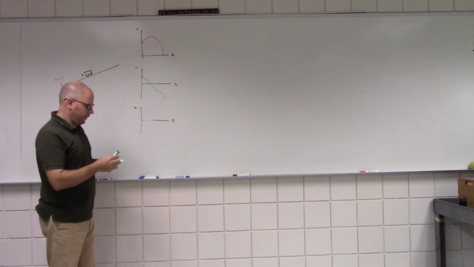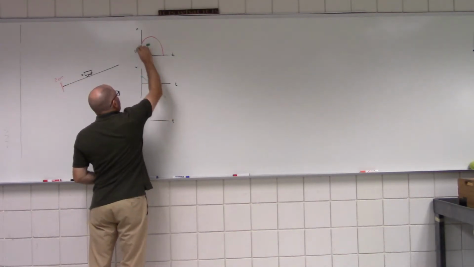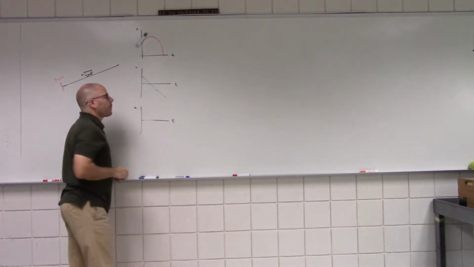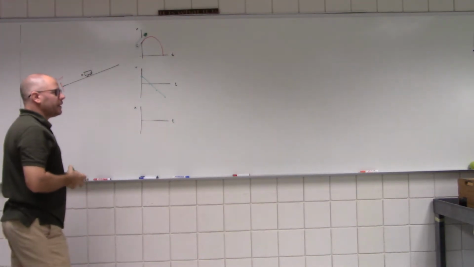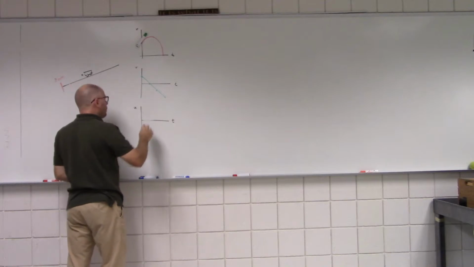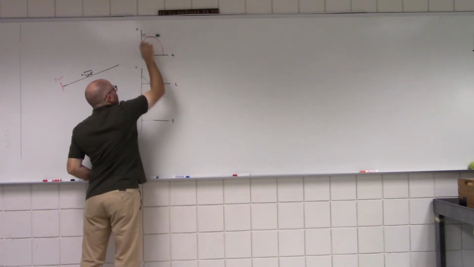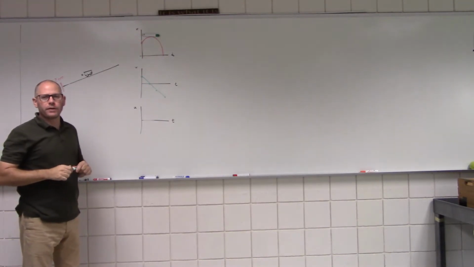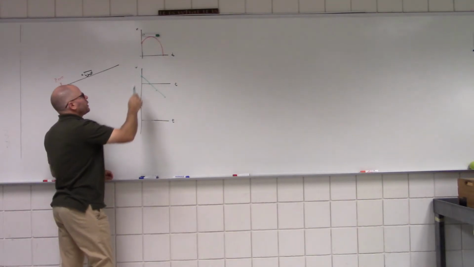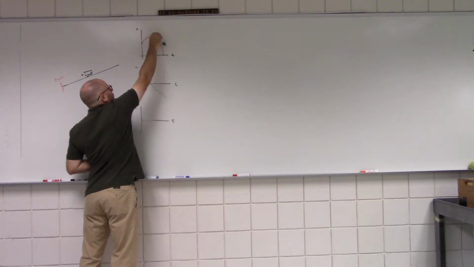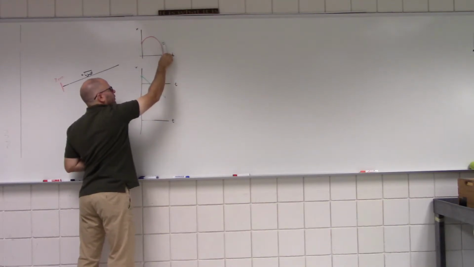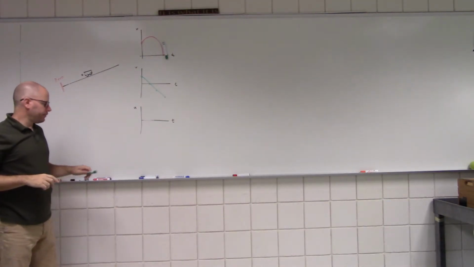For the position graph, there it has some medium-sized positive slope. At the very top, the slope of a tangent line is zero, which corresponds to zero velocity right here, then medium and negative, then large and negative.